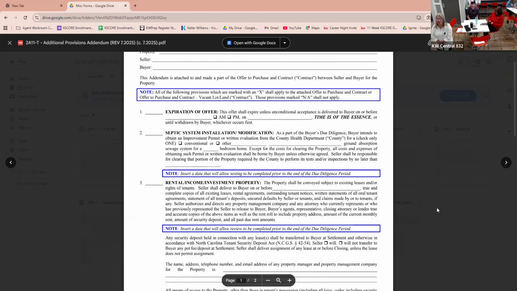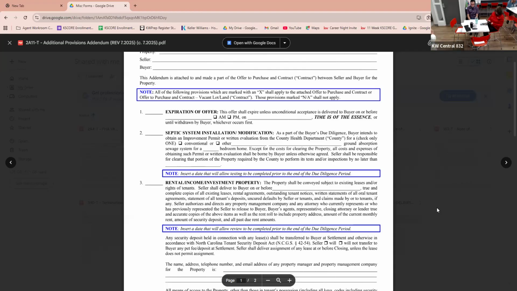Rental income investment property. So if you are selling an investment property that currently has tenants in it and has rent rolls and all of that, or if you are representing an investor purchasing an investment property with tenants in place, you would want to check number 3 to make sure that you get any information.